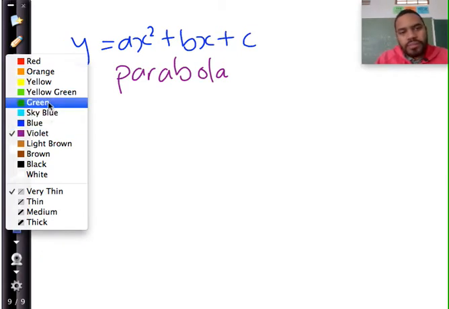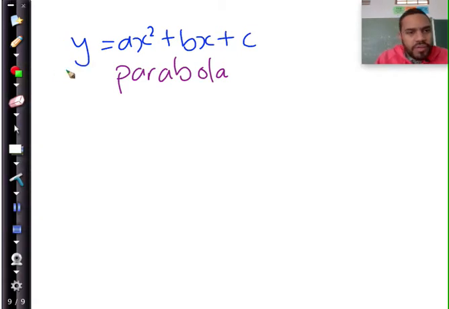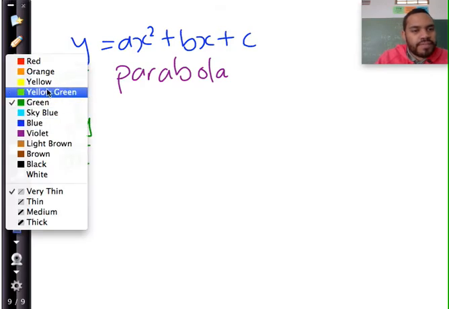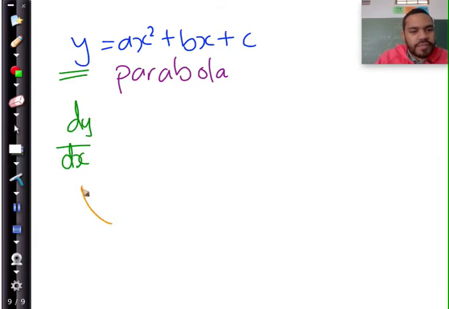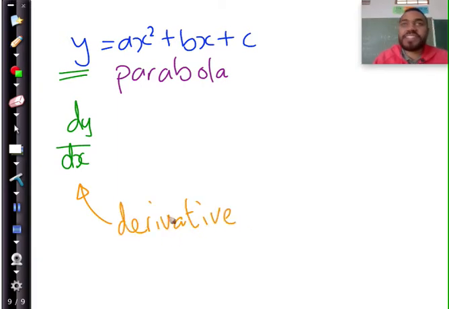And when we look at the power rule, remember when we use the notation y, then we must use dy by dx, which stands for the derivative. And what did I say the derivative is? It's the same as a gradient at a point, which is the same as the gradient of the tangent at that point. Very good.